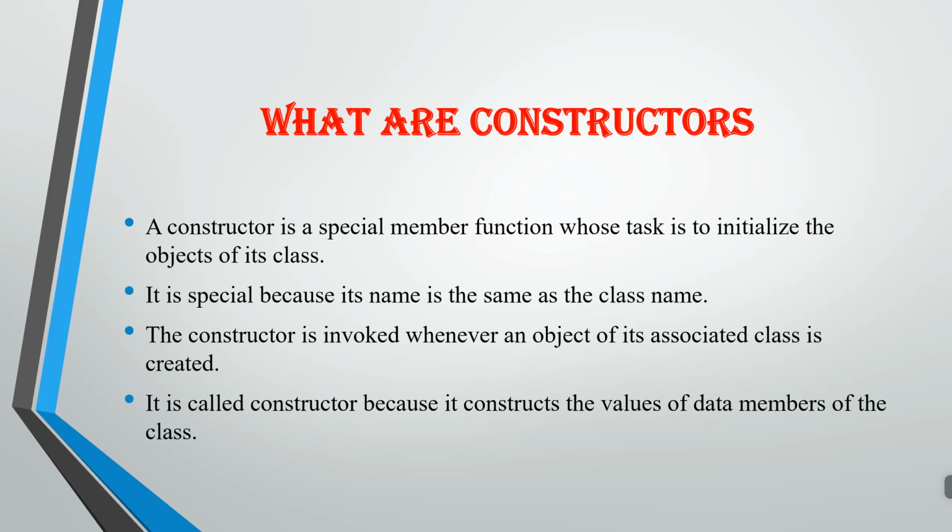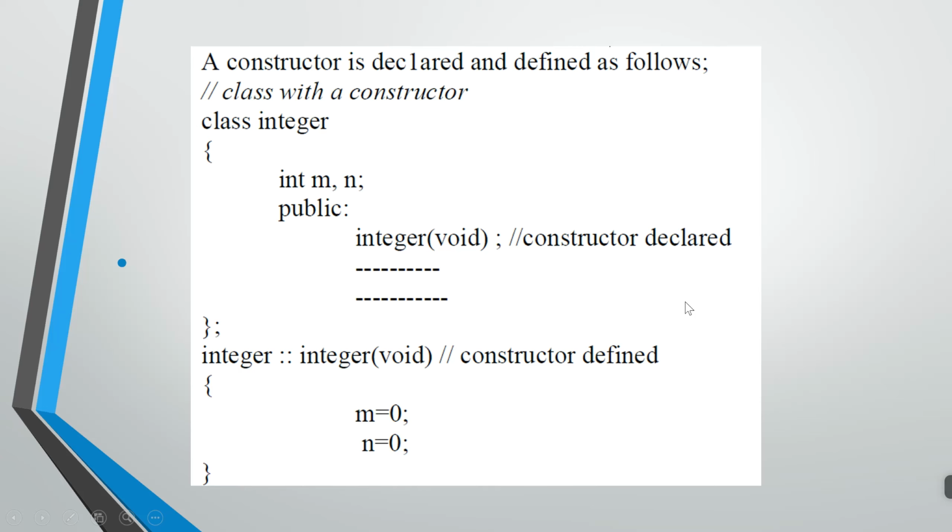Because the rule here says constructor is a special function because its name is the name of the class itself. So here it's proven. We have a class called integer. Inside the integer, under the public, we called a function called integer with the argument as void. So a member function integer within a class called integer, both are the same, is nothing but a constructor.